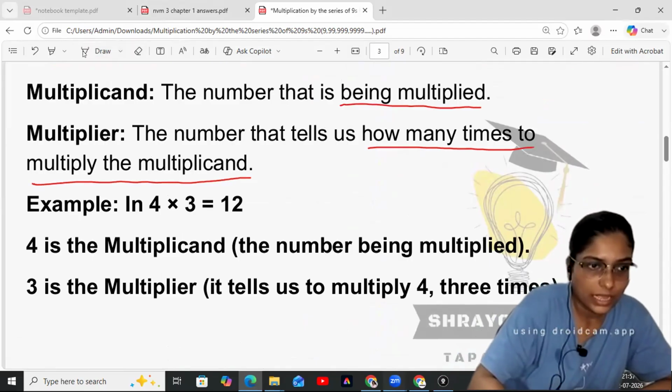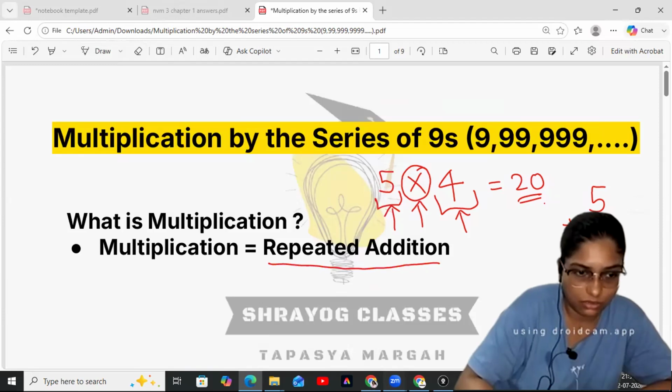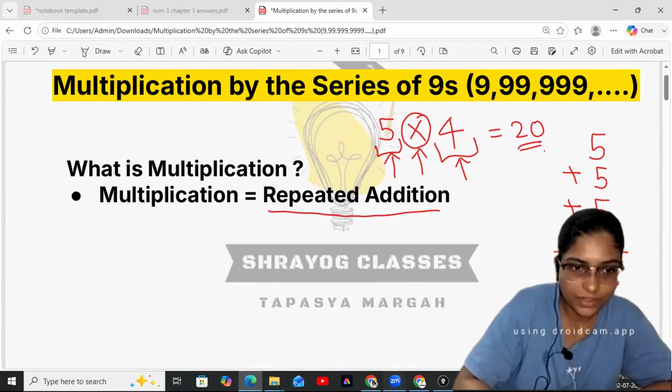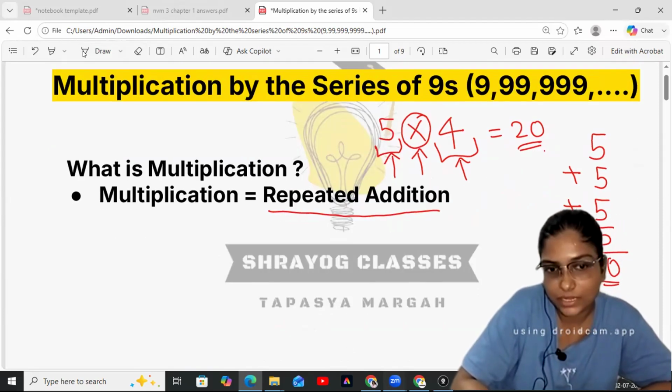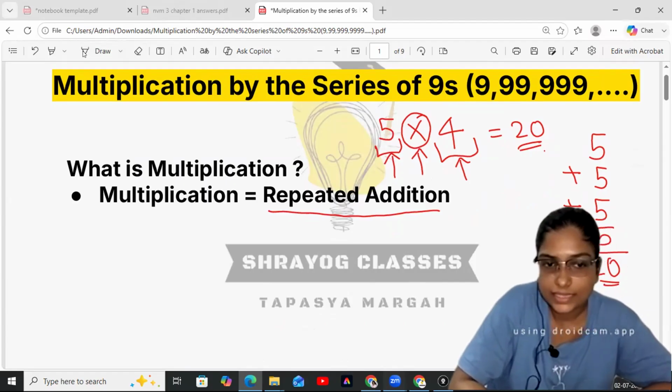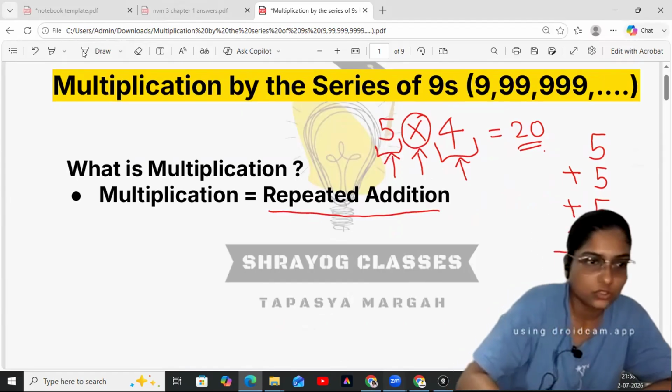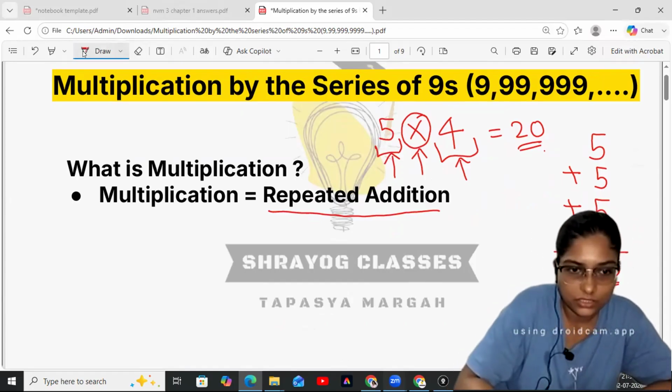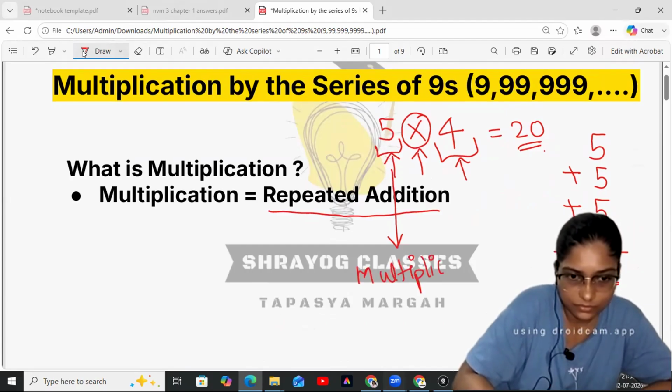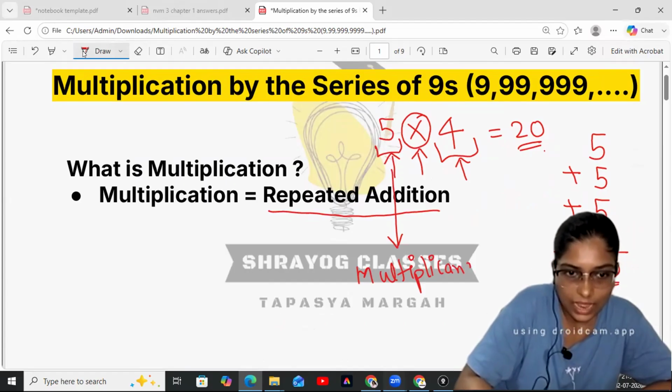So, according to this definition, when I gave you this example, 5 multiplied by 4, I said 5 we have to add 4 times. So, 5 here becomes my multiplicand and 4 becomes my multiplier.